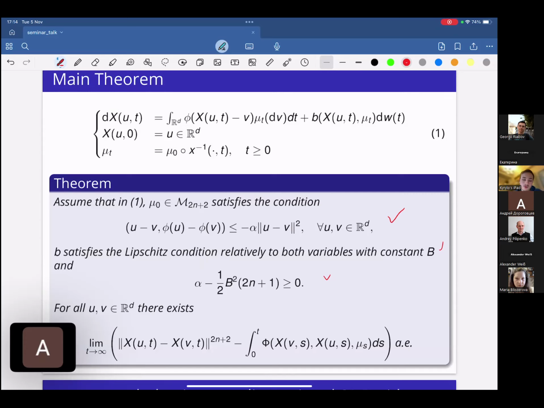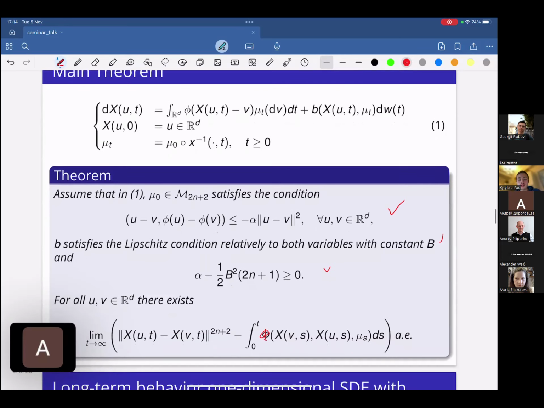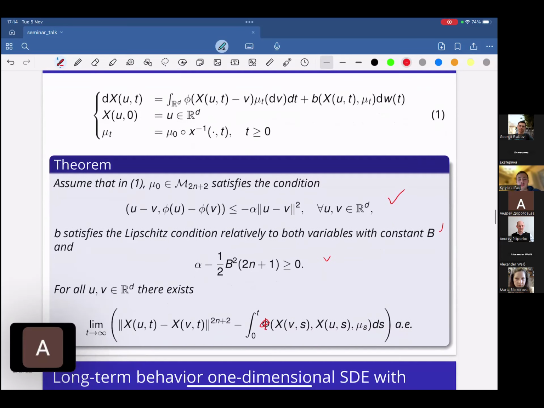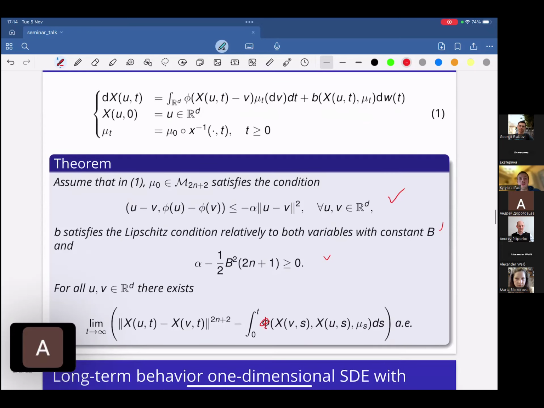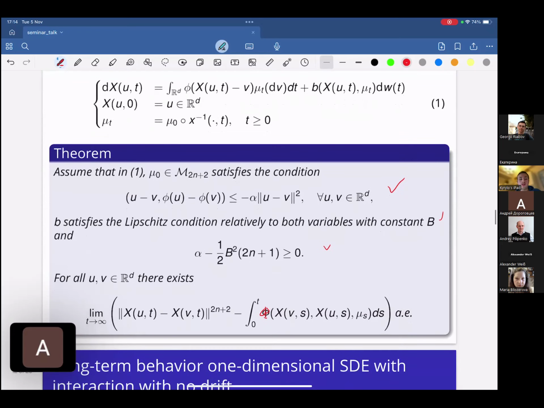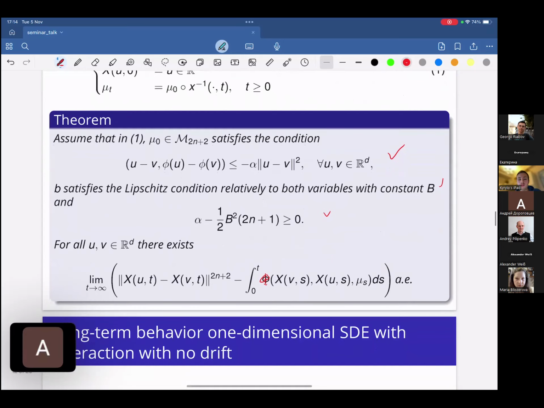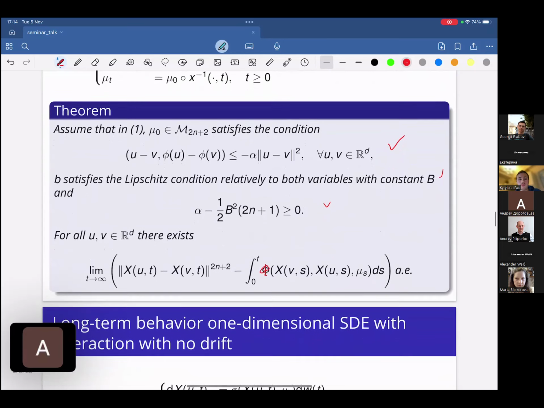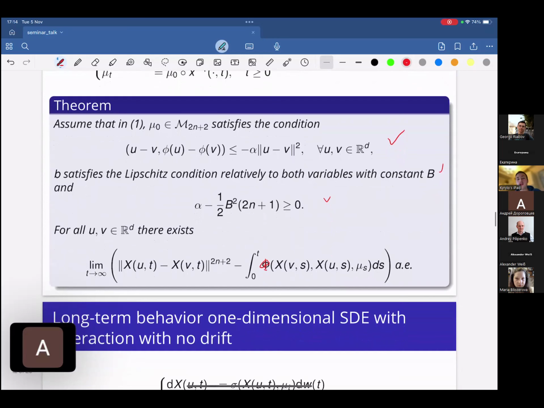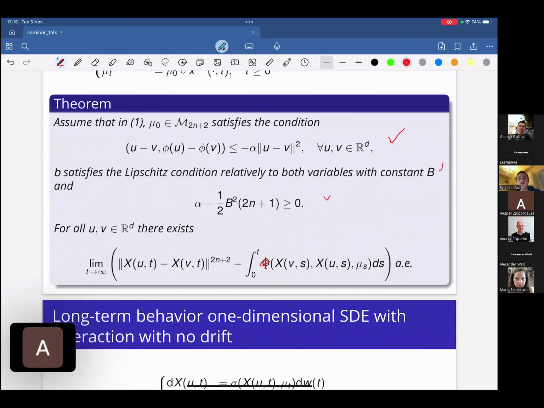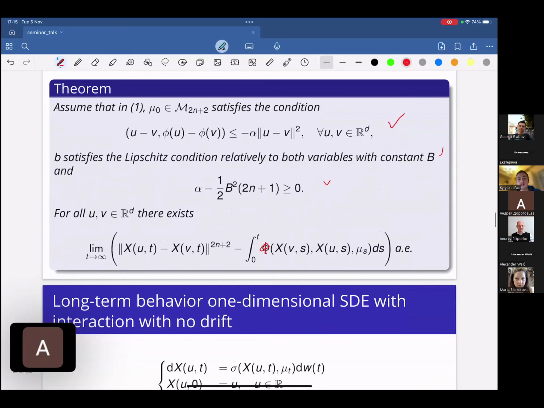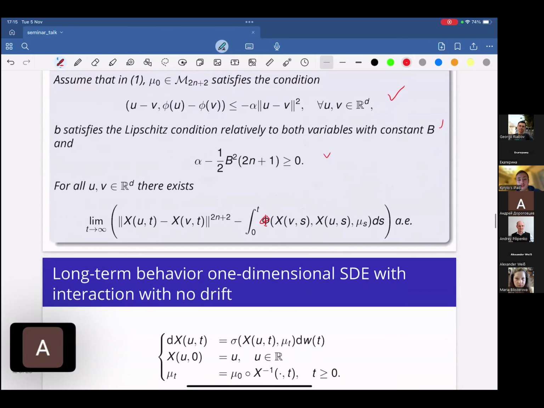This f prime is a function I'll introduce a little bit later. But from shift compactness, if we use the criteria for shift compactness, we can actually say something about the long-term limit of such a difference.